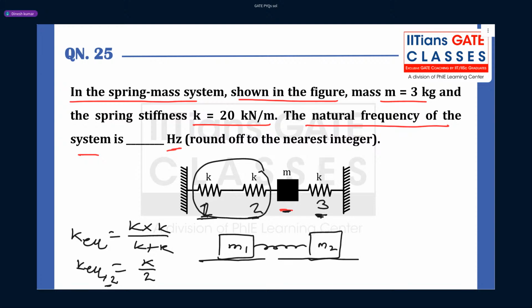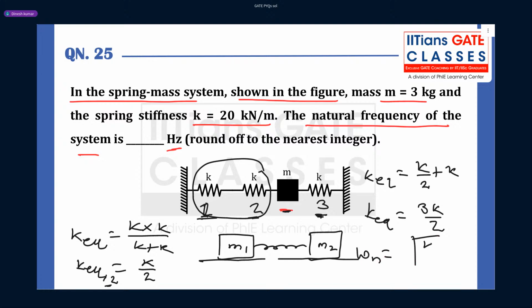So these are in parallel. So the final k equivalent will be k by 2 plus k. So your k equivalent for all 1 to 3 is 3k by 2. Now what will be your omega and natural frequency?